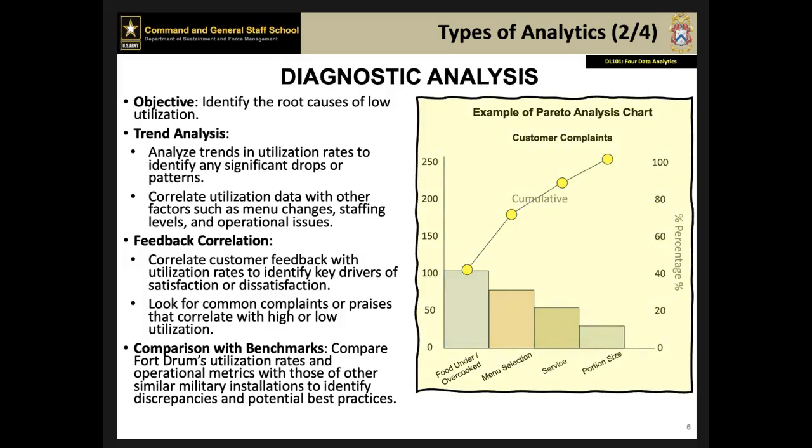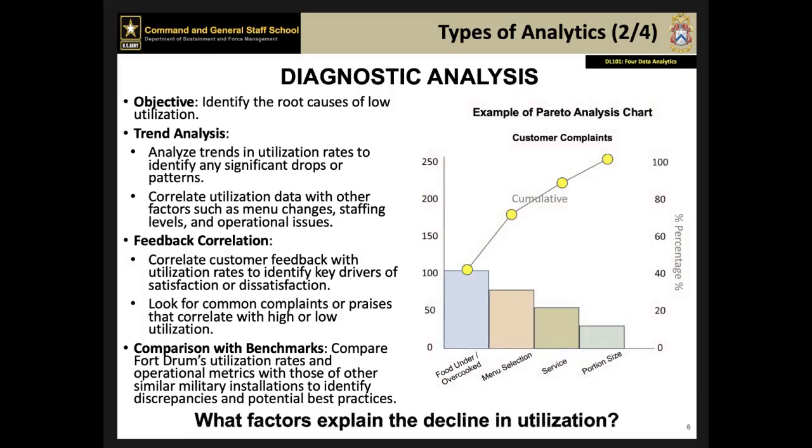It may be useful to provide a visualization such as this Pareto chart to help identify significant variables. What combination of factors influence DFAC utilization? What factors are potentially causal? That is, what factors help explain the decline observed in DFAC utilization?